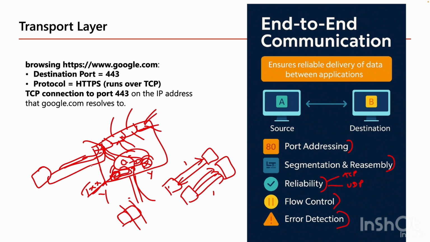Error detection. So if there is an error in this connection, in this port, then what happens? This error is detected and we tell the server that there is some error in your data. So how is the error detected? We have something called a footer. In the footer we have something called a checksum. This checksum checks if all the bits are right, and there are some mathematical calculations to it. If there is a mismatch, the checksum will not match with the data.